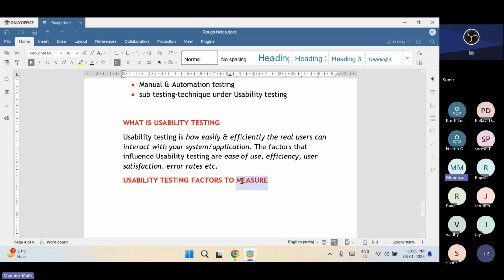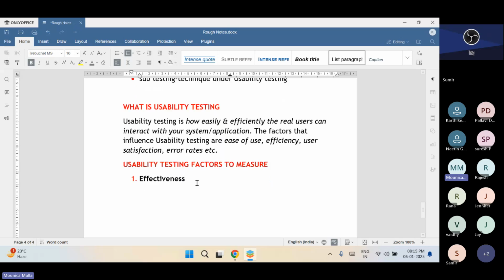So the first thing I would like to talk about is, let's use bullet points. So the first point I would say is effectiveness. So this one factor, effectiveness, will help you to decide how much usability is there. So what is effectiveness? I mean, it's a general English terminology, right?